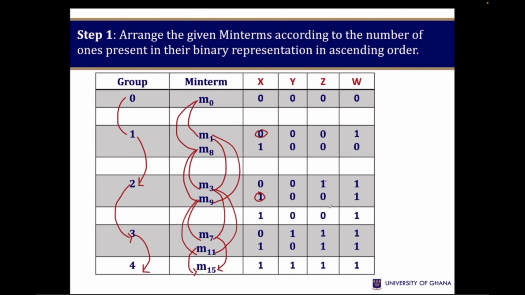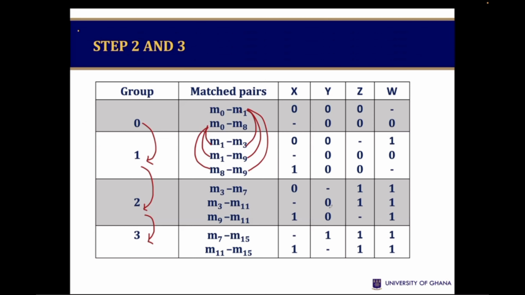So let's check for M1, M9 here. But you see that for M1, M9 here, we have kept 0, 0, 0 here. Can you see that? Yes, sir. So this is supposed to be 1, not 0. Nobody saw that.